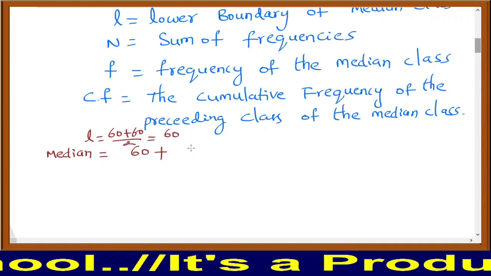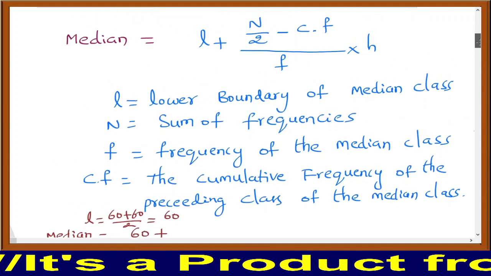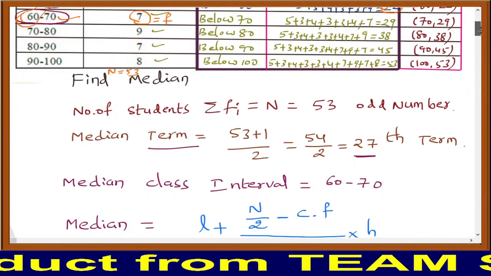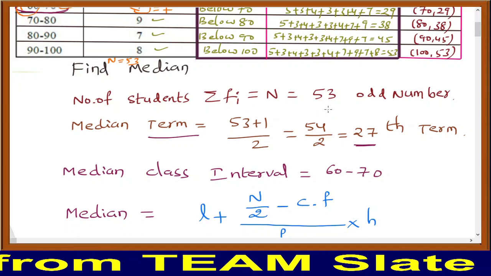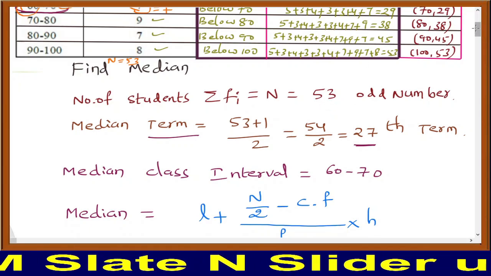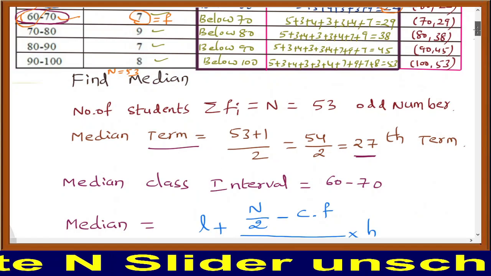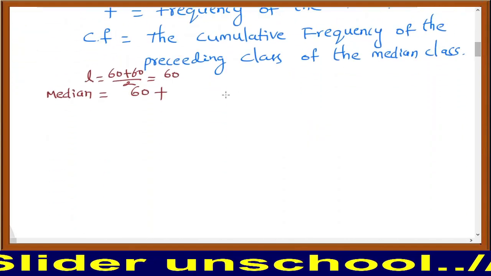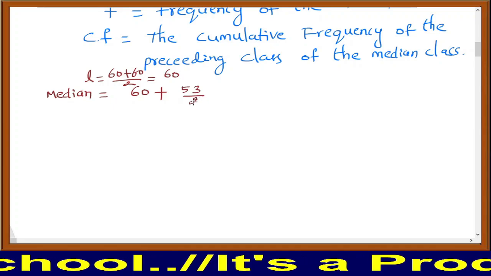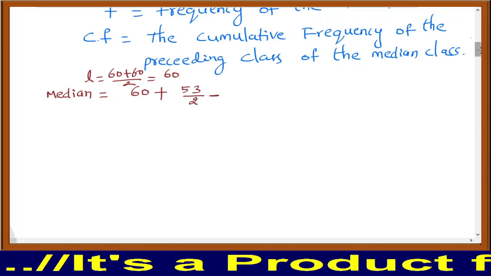What is n by 2? We have n as 53, so we have to make it 53 by 2. So, we should find out n by 2 also. (53 by 2) minus CF.